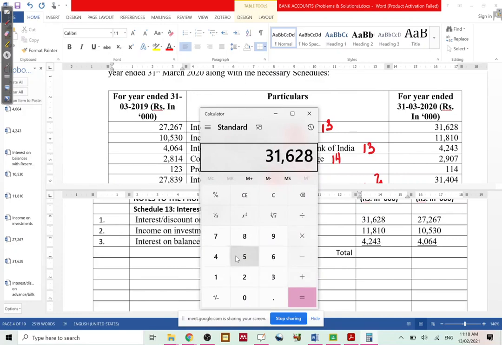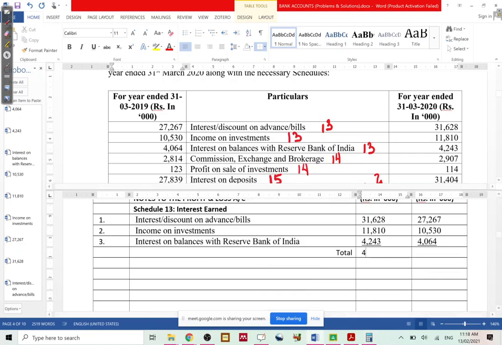So 31,628 plus 11,810 plus 4,243, you get 47,681. You can do it side by side, work it out along as you watch.